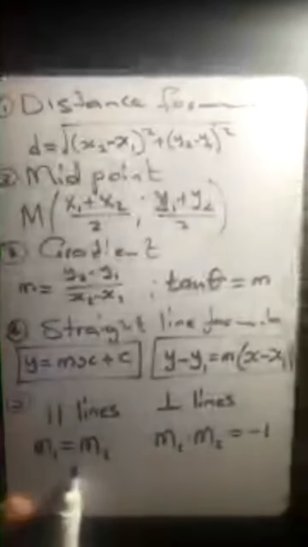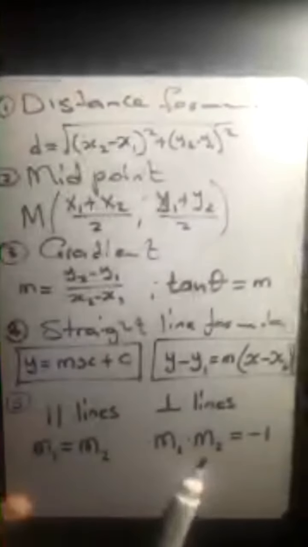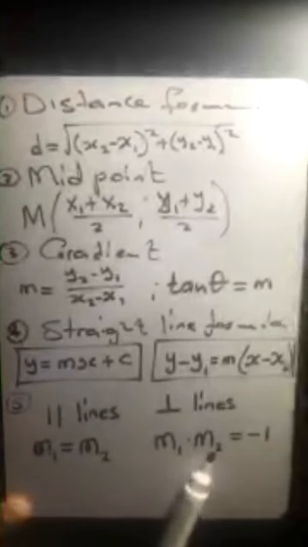So we've got all of these formulas: the distance formula, the midpoint formula, the gradient formula, the straight line formula, and this important information: for parallel lines we've got equal gradients, for perpendicular lines the product of the gradients of the two lines is equal to -1.